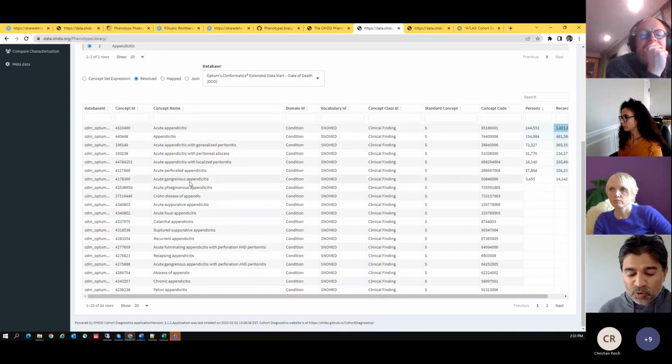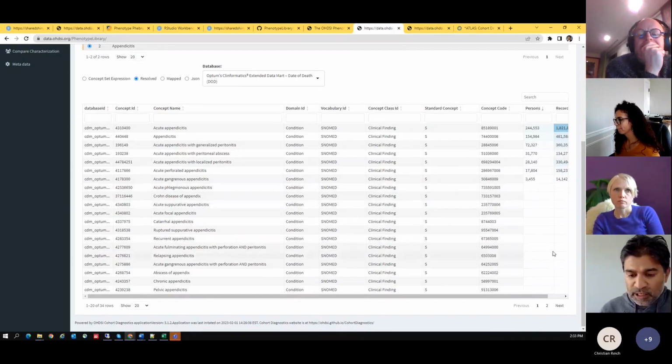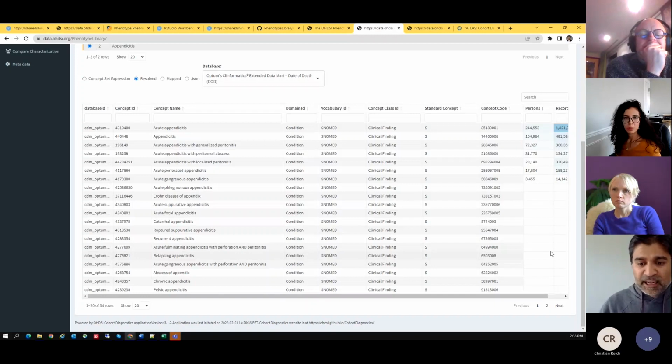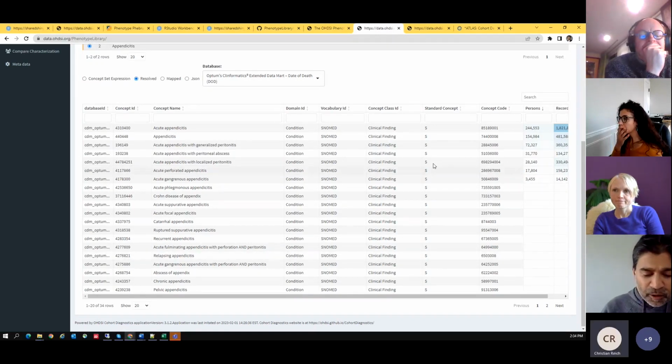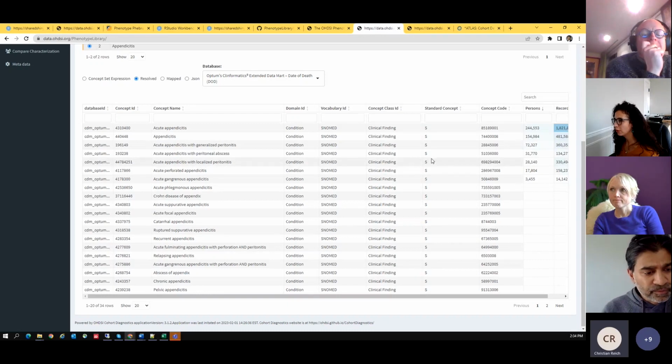What the tool is telling me is it's leading to zero records. There is nobody with that Crohn's disease of appendix code. So even if we decide to remove or keep it, it's not going to make any difference. So that's one insight.